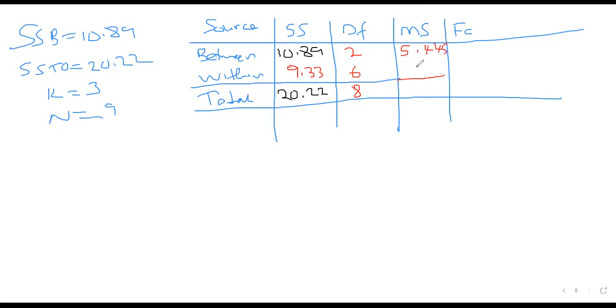Here, 9.33 divided by what? By 6. What? 1.55. Then we divide 5.445 divided by the answer. We get 3.502.